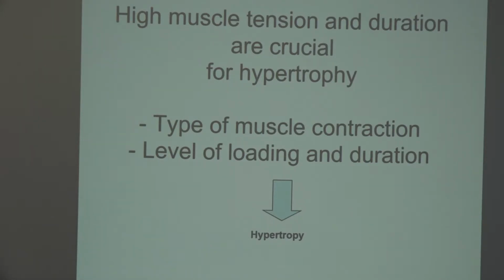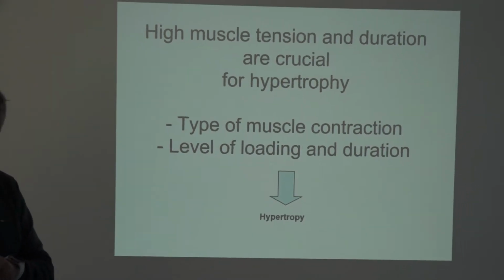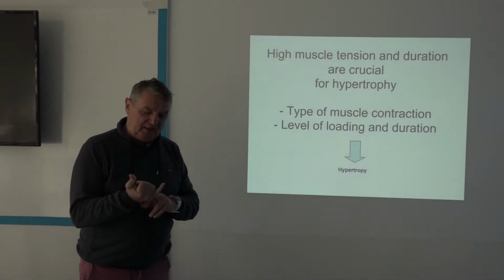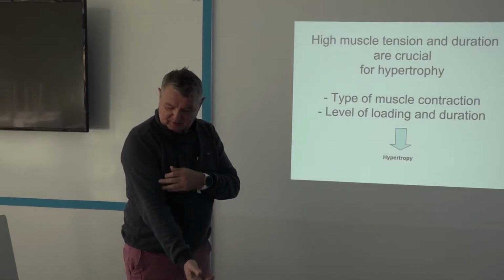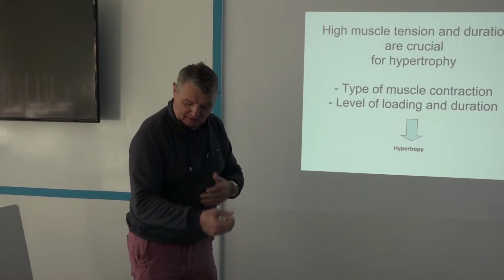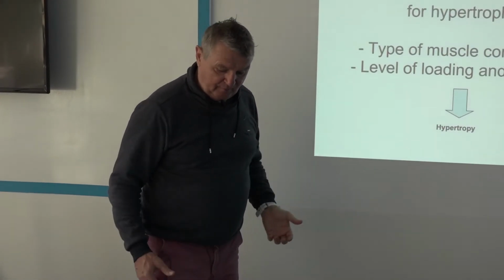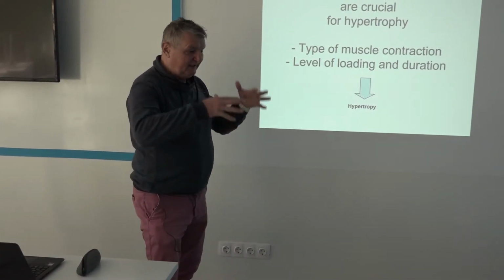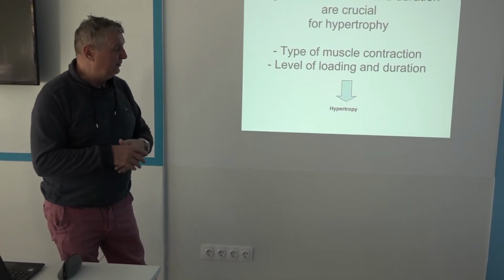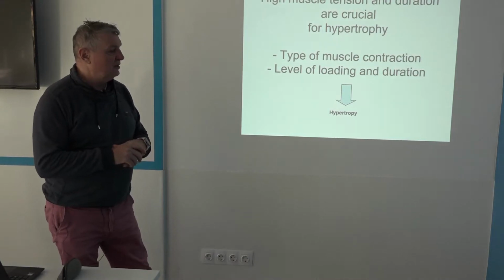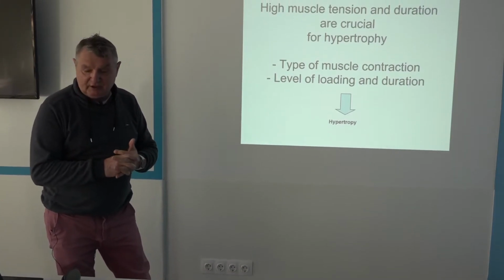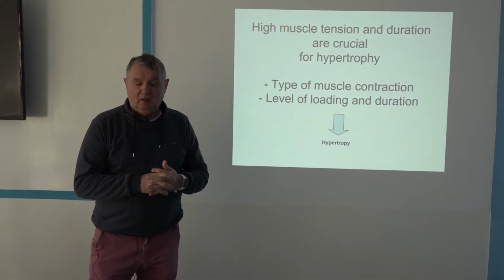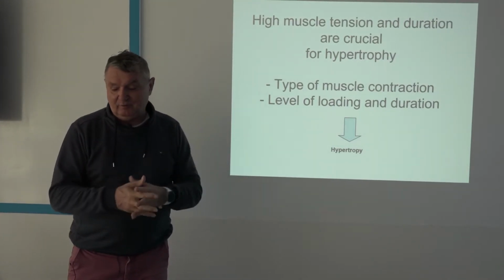Naturally, if you have a small muscle, like in case of a small finger, you can achieve smaller force. With the bigger muscle, the biceps brachii, you can achieve even bigger force, and with the quadriceps femoris more. So as you increase the size of the muscle, you can increase the maximal force. So one of the aims of strength training could be to increase the size of the muscle.